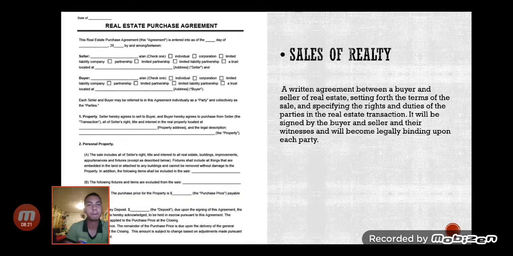So by the name alone, this type of legal form is easily understood. The sales of realty falls under business transaction. Under legal forms, it falls in business transaction.